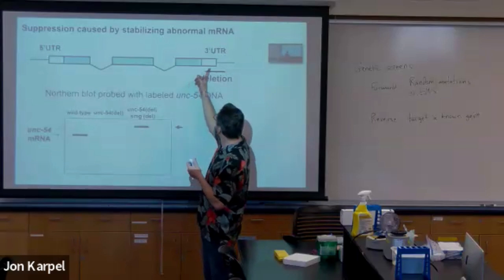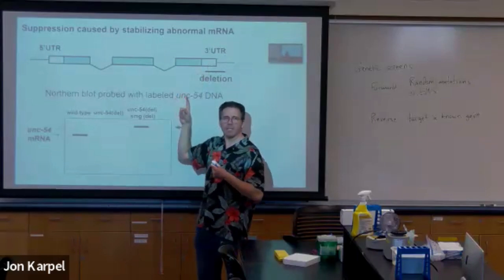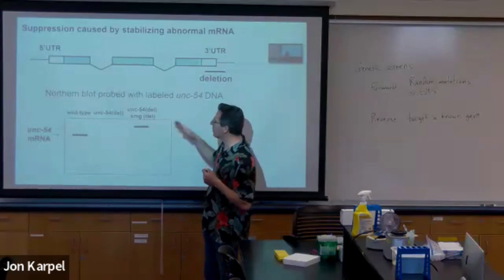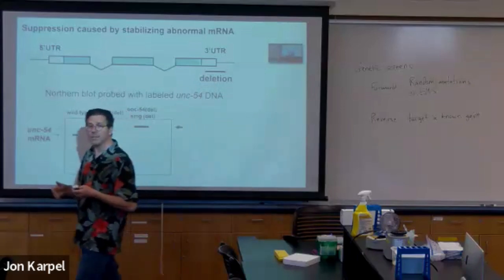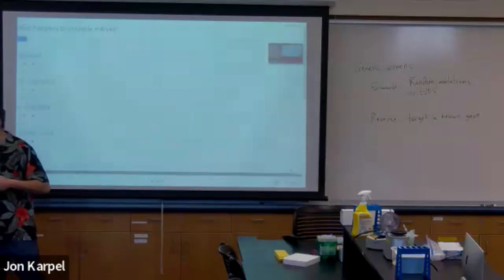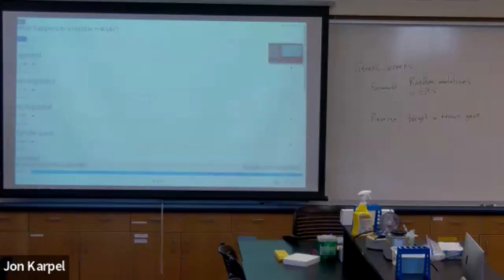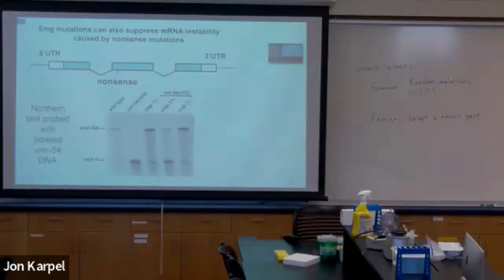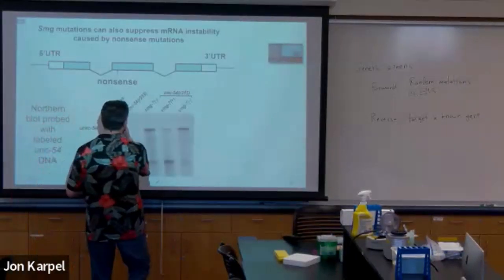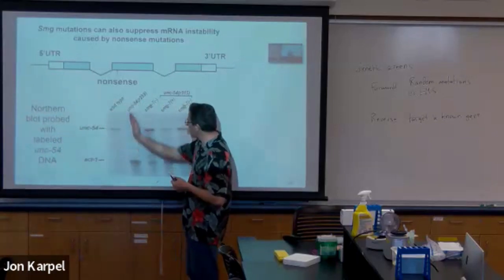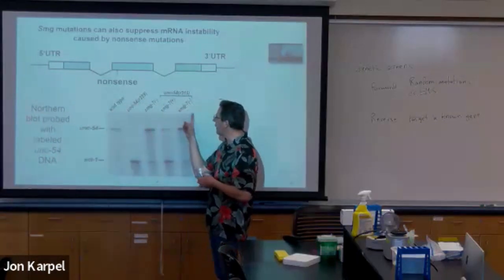And that's surprising. Normally, these would not be stable if you have a mutation in the 3' UTR. They're not stable mRNAs, and so you wouldn't get any mRNA from that. So if it is unstable, it's going to be degraded. Again, this doesn't suppress the nonsense, but look at this when they made these mutations.